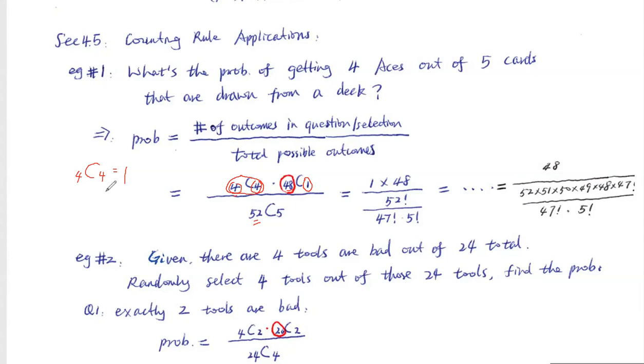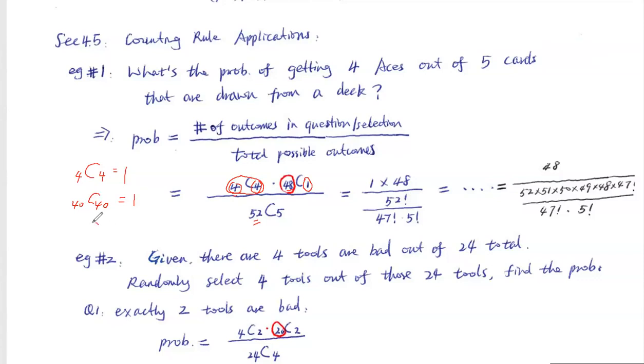Now, back to our case, C44 equal to 1. Everybody, if I'm asking C40 out of 40, what's the answer? I want to select the 40 out of the 40 people. How many choices? We only got one choice. What's that? We select all of them, right?